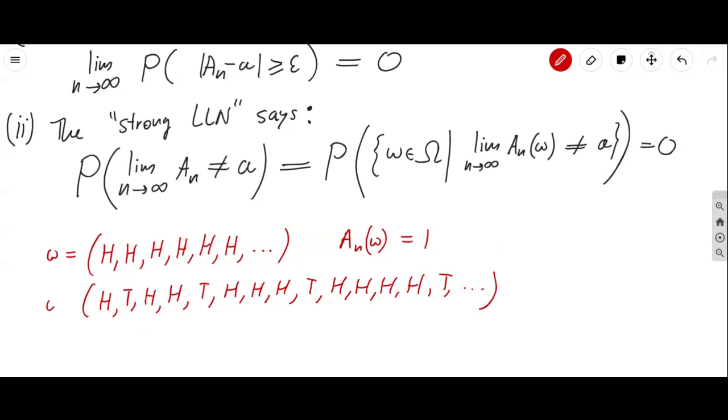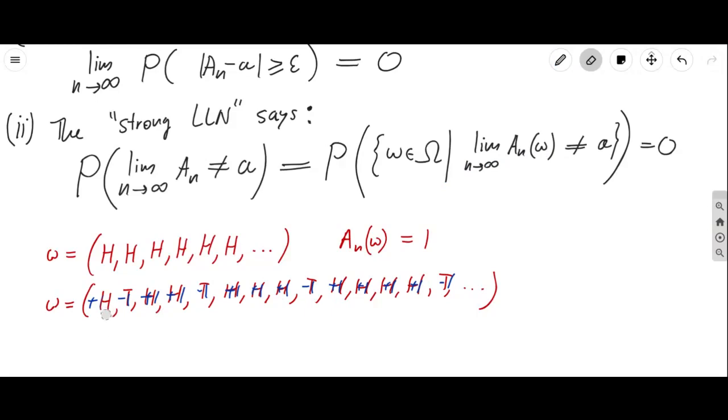If your sample point is this, and you calculate the limit, you might expect that something diverges. Because in the case of random walks, you just convert this to plus and minus 1: plus 1, plus 1, minus 1, plus 1, plus 1, plus 1, minus 1, plus 1, plus 1, plus 1, minus 1.